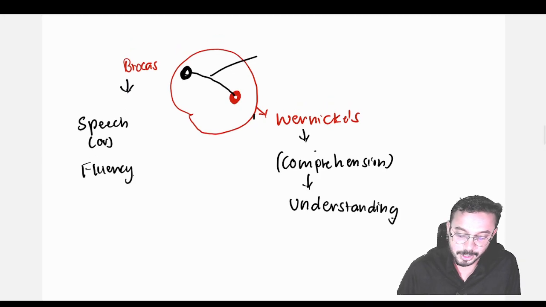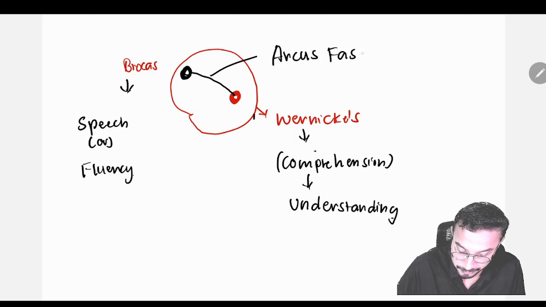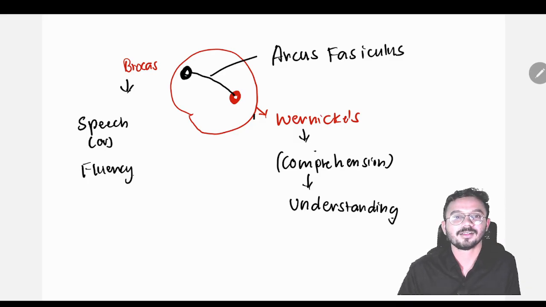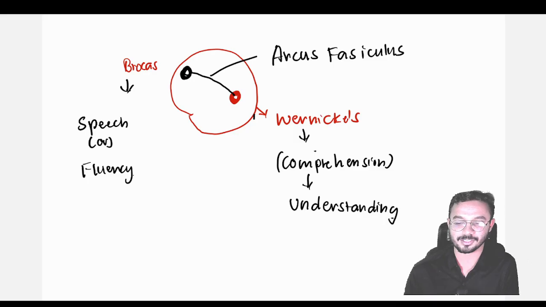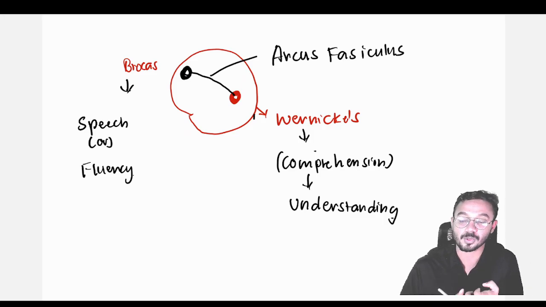Between Broca's and Wernicke's, one area is present that is known as arcuate fasciculus. Remember, if I tell you to repeat in offline classes, you can repeat, like arcuate fasciculus.